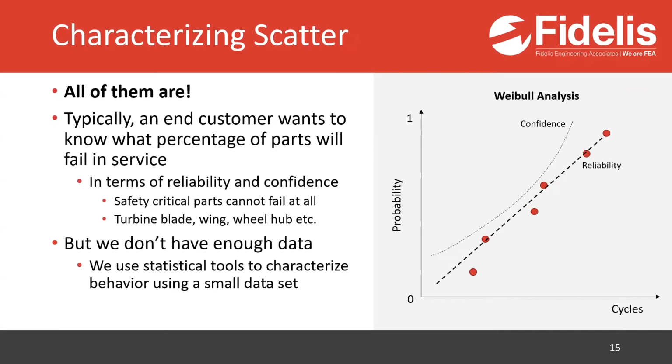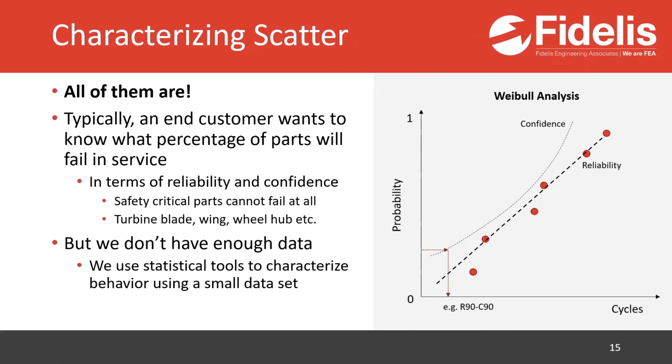Many people will be familiar with it. We've got our reliability and our confidence in our prediction. Here's an example of what we might give for a typical automotive component. We might want a 10% failure rate with a 90% confidence.